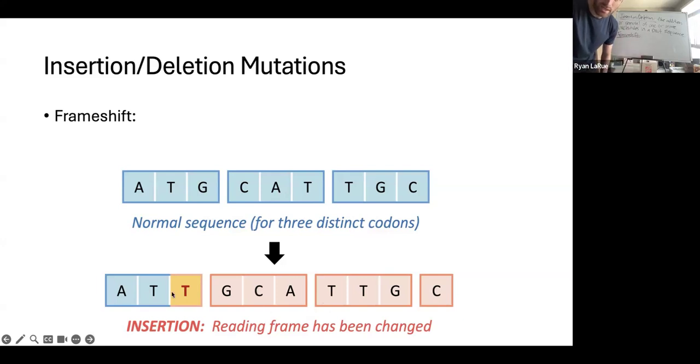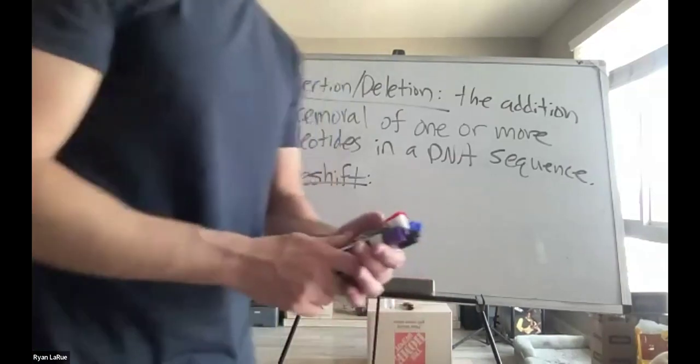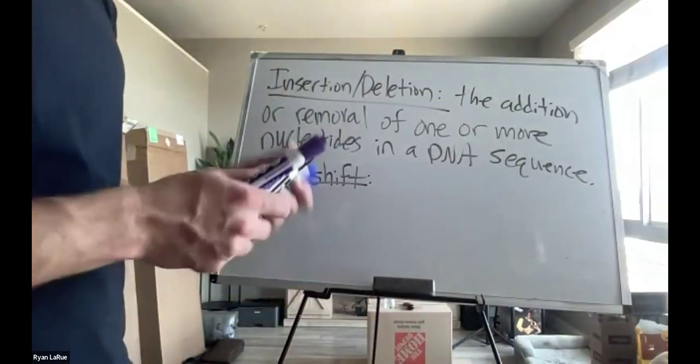The triplet groupings have changed. You've shifted that reading frame, which of course is never good because all the remaining codons are going to code for different amino acids, most likely, right? So frame shift mutations are no bueno.